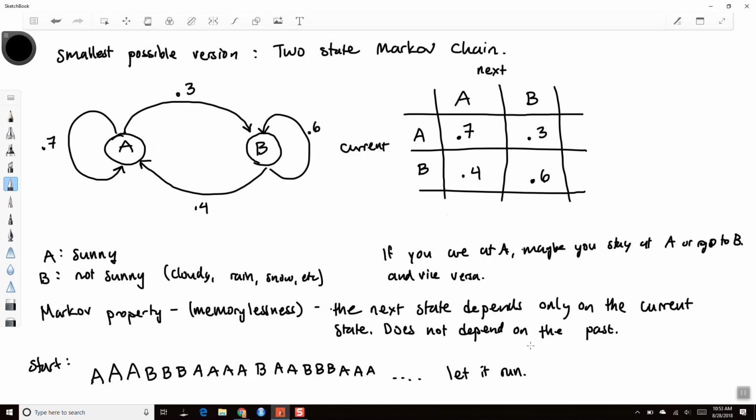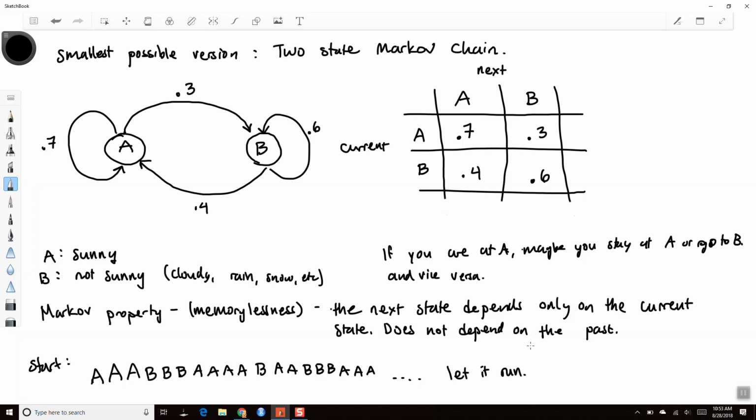And in the end, you'll have a whole bunch of A's and you'll have a whole bunch of B's. And the distribution of A's and B's will eventually converge to its stationary distribution, okay?